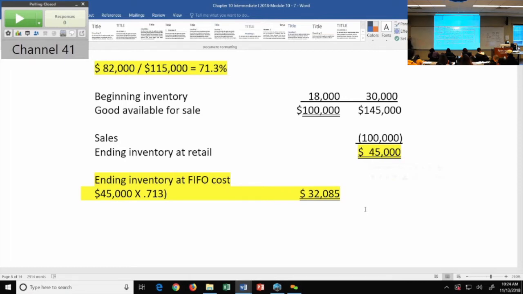Increment or decrement. Now, this is before we even get to the actual problem. If you look over on the board, you're going to see that the beginning layer has to be 30 in this case. Is our retail.